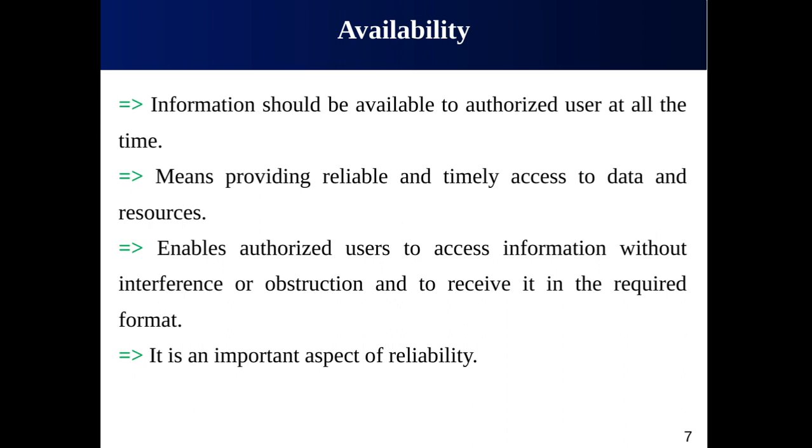And the information must be received in the appropriate format. So you see that availability is actually an important aspect of reliability. Okay, if the information is available, the system is reliable. It assures that authorized users have timely and uninterrupted access to the information.